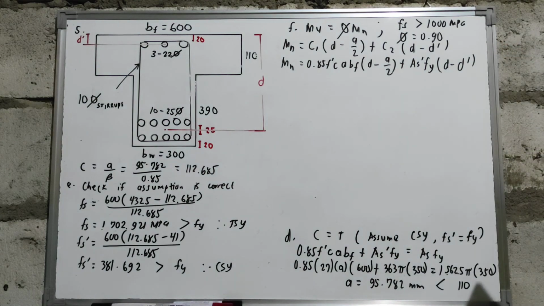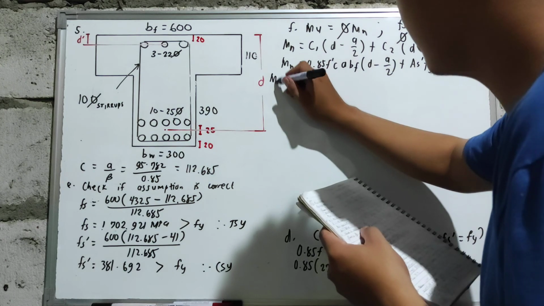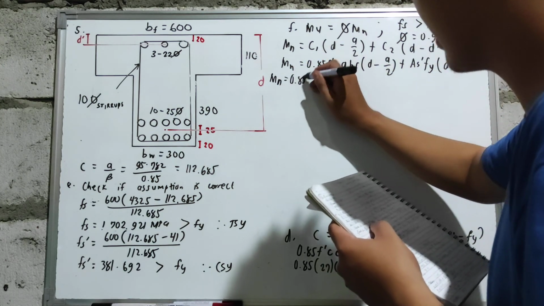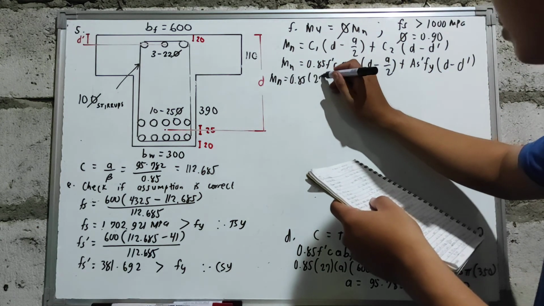So let us now calculate the value of your nominal moment. We have 0.85, our f'c is 27.